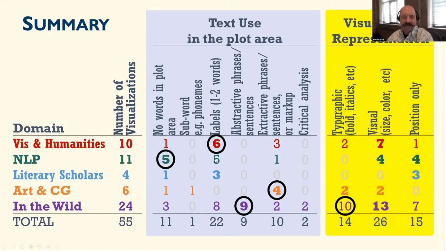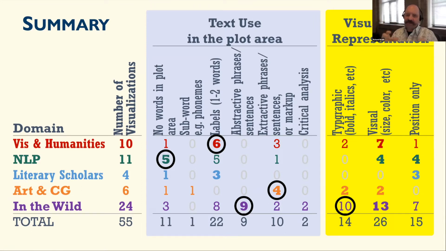There are a lot of cases where labels are used in the visualization research community. They mostly just use singular words. If we look at the arts community, they're willing to go way beyond singular words, and they're using phrases and sentences in what they're creating and stitching together. And then in the wild, they're also using phrases and sentences, but they're not sticking to just phrases and sentences directly from the text.